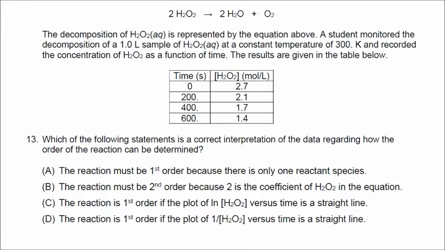Number 13, we have some information about how the concentration of hydrogen peroxide is decreasing over time, but this is a non-calculator question, so we can't take the natural log or do these types of mathematical operations without a calculator.